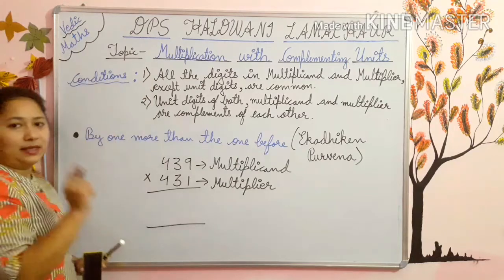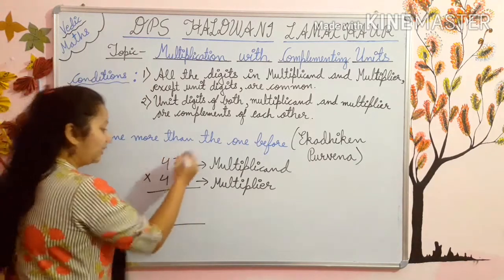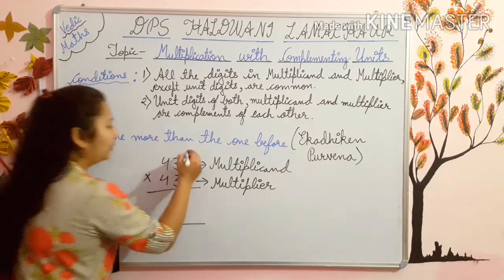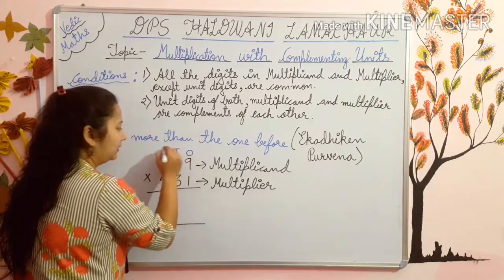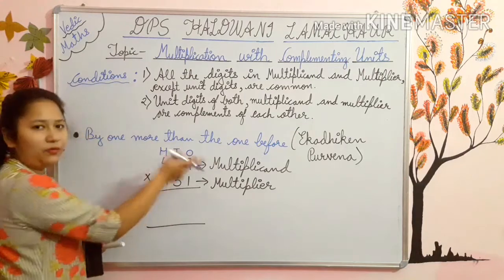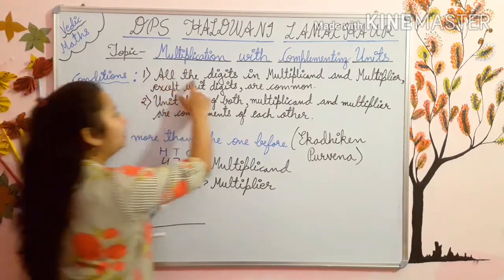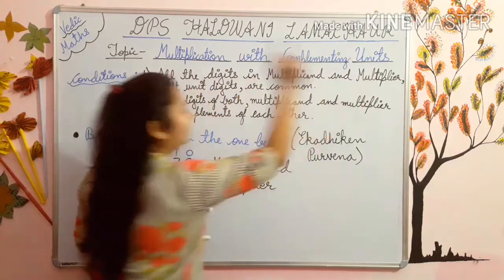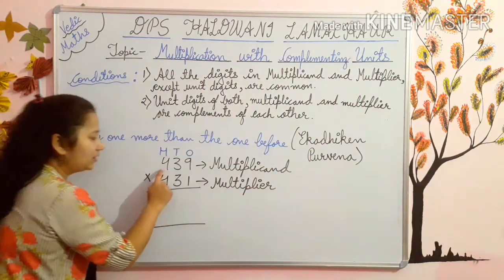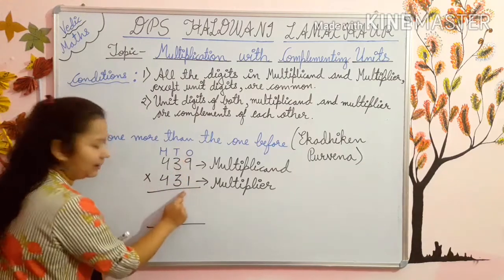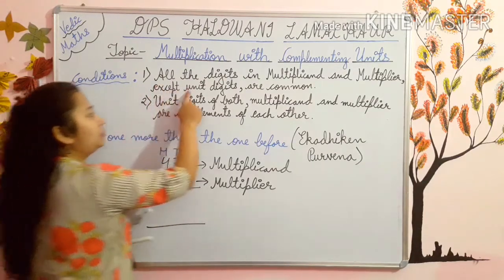Now what is this saying? One more thing students. As you all know, from your smaller classes, this is ones, this is tens, this is hundreds. So this condition is saying all the digits in the multiplicand and multiplier, meaning these digits in the multiplicand and in the multiplier, except the unit digits.